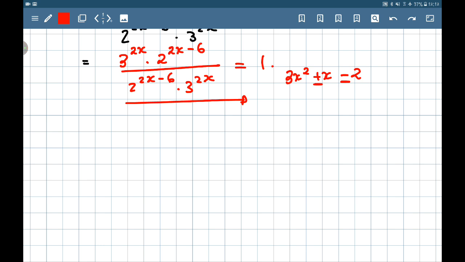Look at this. Remember I said mathematics revolves around 4 principles: the principle of addition, the principle of subtraction, multiplication, and division. And I said when we talk of exponents, we need to know how to add them, subtract them, multiply them, and divide them.